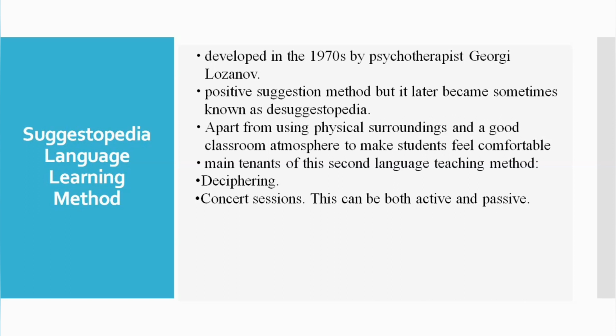This can be both active and passive. Elaboration, where students finish what they have learned with dramas, songs, or games. Interaction, in which the teacher introduces new things in a playful manner. Production, where the students speak and interact without correction or interruption.